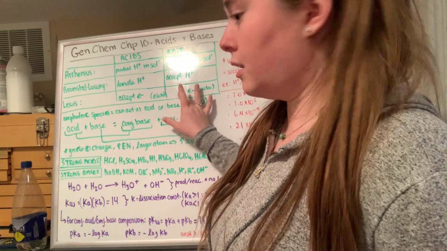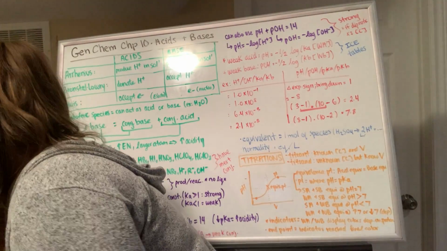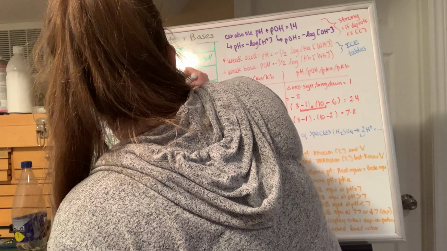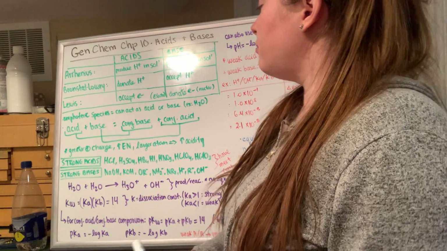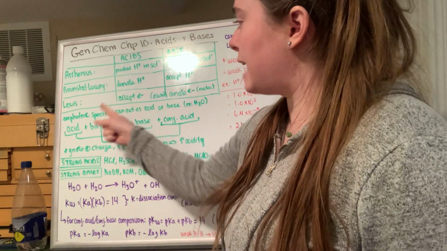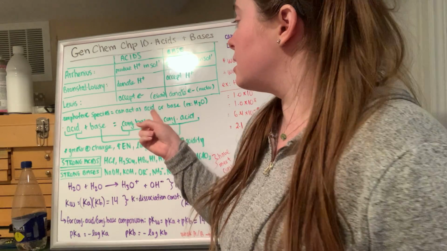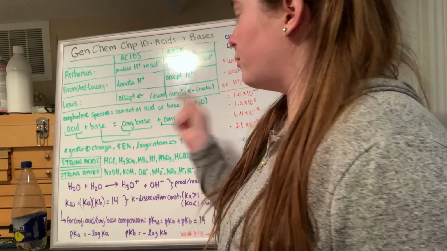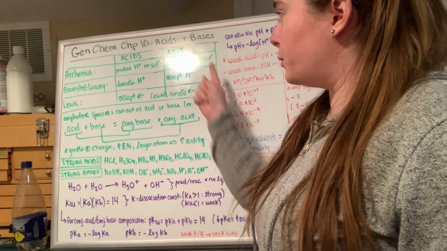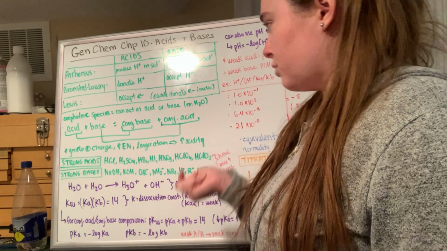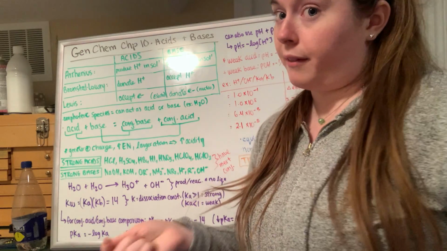I'm going to change that really quickly. Okay. So, a Lewis acid accepts electrons. It's an electrophile. Where a Lewis base donates electrons, making it a nucleophile.